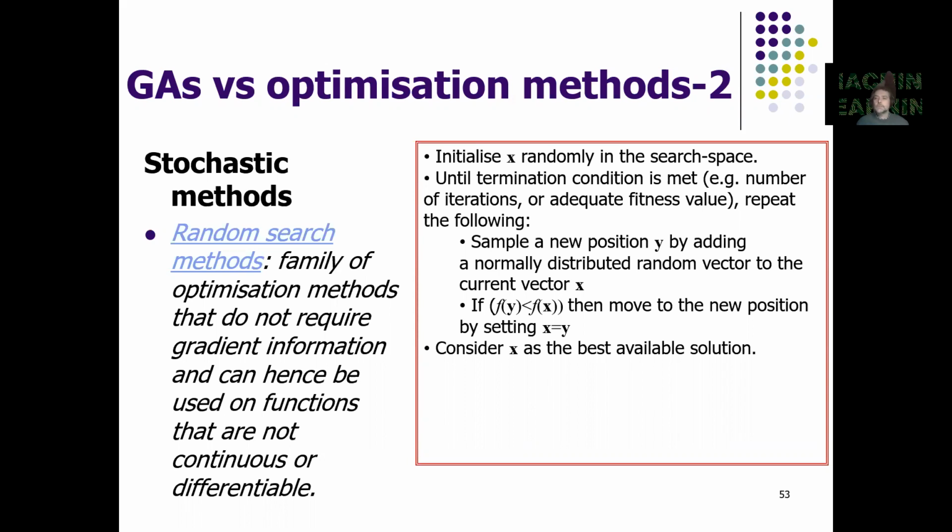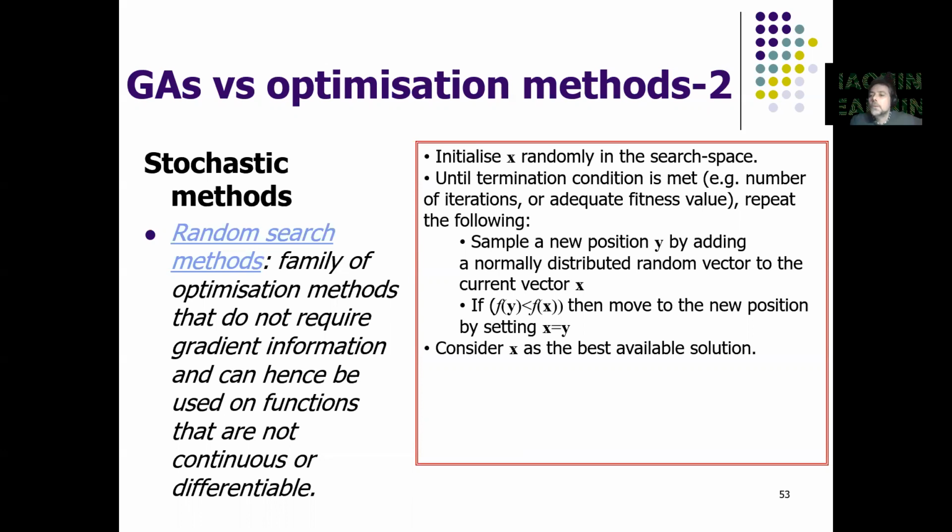Random search methods are useful because you don't use derivatives again, so they are derivative-free methods, and they are based on the use of some kind of noise. But you start, again, from an initial solution, and then you evolve this initial solution by introducing some kind of random noise. It's not a population-based method.